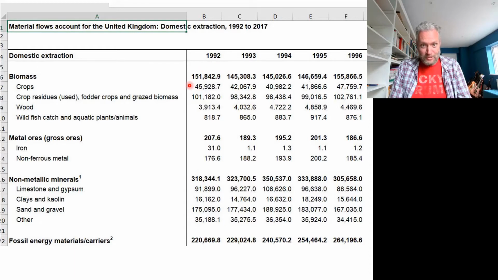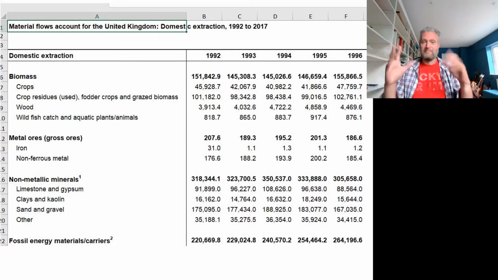So this is the useful stuff that farms generate, and another 102,000 tons were extracted in the form of residues, as well as fodder crops and so on and so forth. And you can track how that changes over time.